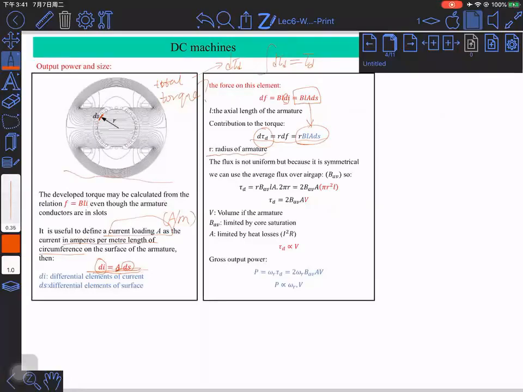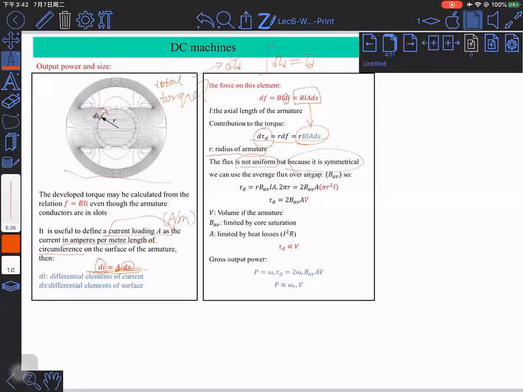Well, we have to say that the flux in the air gap is not uniform, because you see the flux is always in the radial direction, so they are not actually in the same direction, right? Because the flux here is in this direction, something like that. So definitely this is not uniform, but it's symmetrical, because for every part of the conductor you have a symmetrical magnetic flux density.